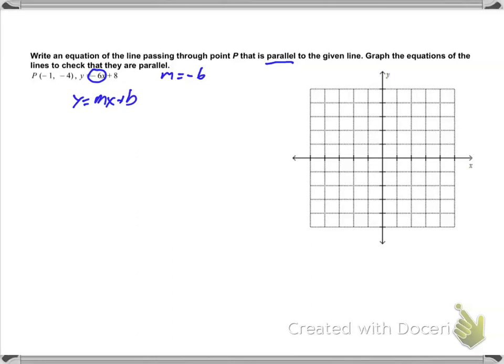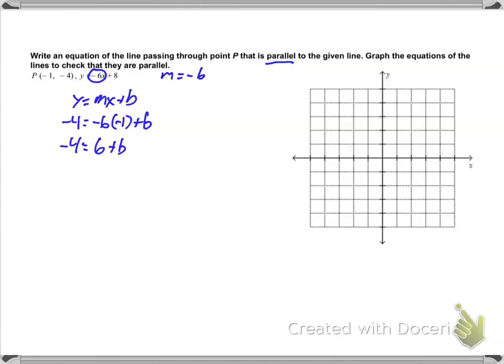And now we're just going to plug stuff in. So y is negative 4 equals m. M is negative 6 times x, which coming off of that point there is negative 1. Plus b, which I don't know. That's why I got to do this work to figure it out. Okay. So now let's just work this out here. So negative 4 equals negative 6 times negative 1 is a positive 6 plus b.